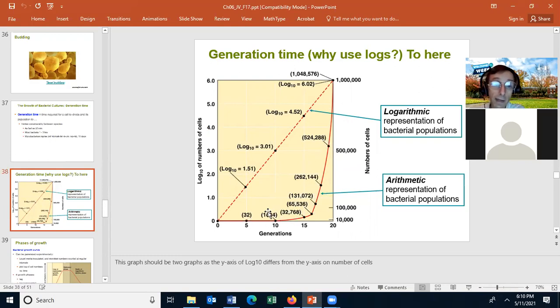If, on the other hand, you plot it as a semi-log plot, where you plot the number of bacteria as the log numbers and the generation time as the actual generation number, and that's why it's a semi-log and not a log plot, you will get a curve like this, which you'll notice is a linear curve.